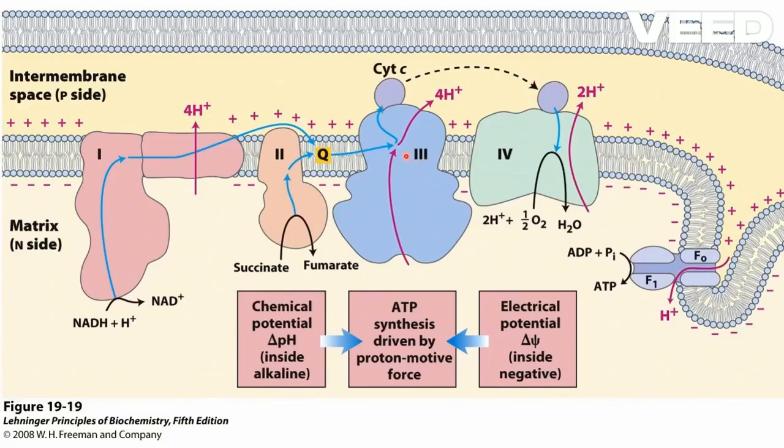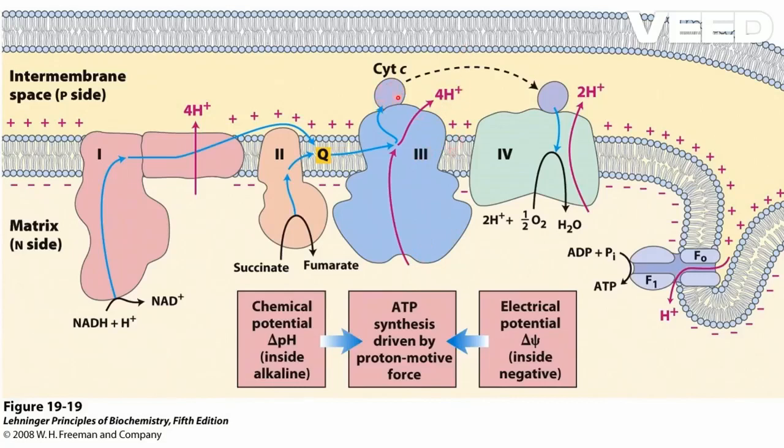Rather, it transfers its electron to this molecule, cytochrome C. And while transferring this electron, complex 3 also has the ability to pump protons. So using the energy that it gained from transferring the electron to cytochrome C, it pumps 4 protons from the matrix side to the intermembrane space side.